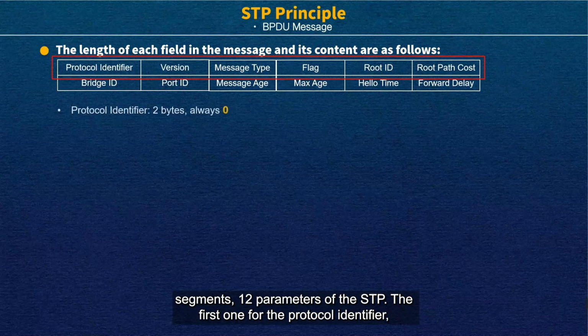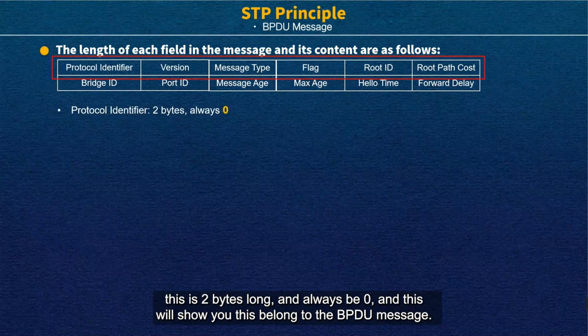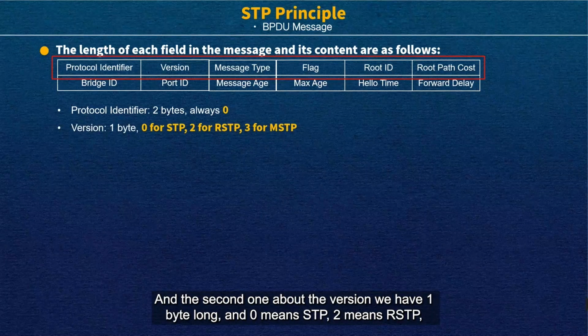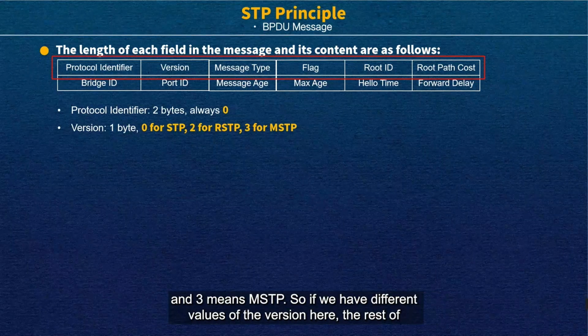The first one is the protocol identifier. This is 2 bytes long and is always 0. It shows that this belongs to a BPDU message, and you can skip it because the value is fixed at 0. The second one is the version, which is 1 byte long. 0 means STP, 2 means RSTP, and 3 means MSTP.